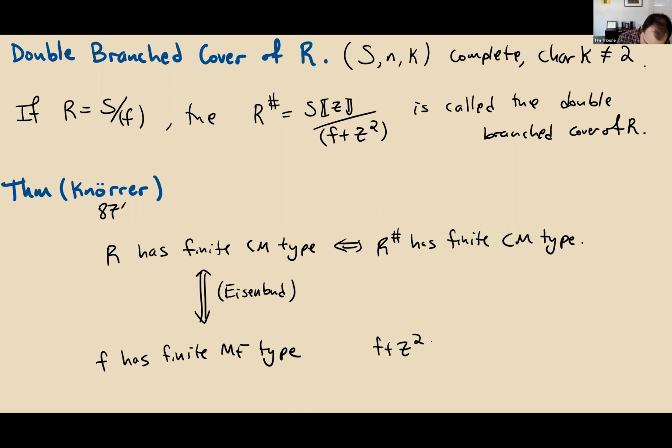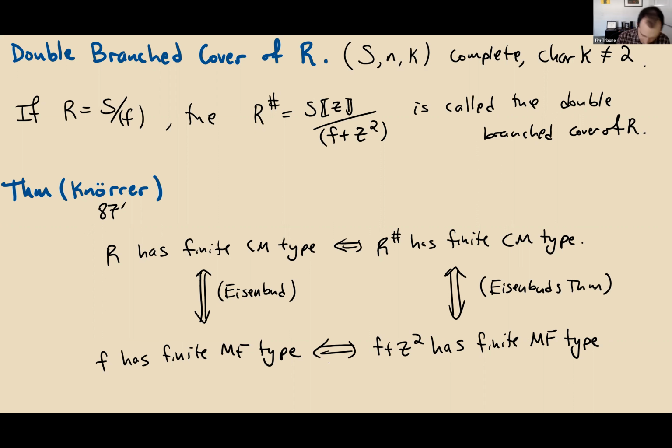So F plus Z squared having finite matrix factorization type, meaning the category of matrix factorizations of F plus Z squared has only finitely many indecomposable objects, is equivalent to R sharp having finite CM type as well. And this is also Eisenbud's theorem. Then we can connect the dots, and these two become equivalent as well because you can go around the circle. So I've learned to think of all these statements as meaning the same sort of thing, whereas Knörrer's original statement is just about the hypersurface rings, but it's all really the same.